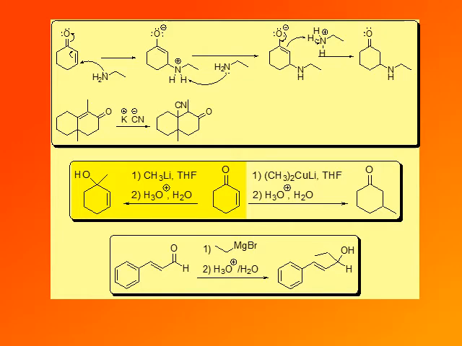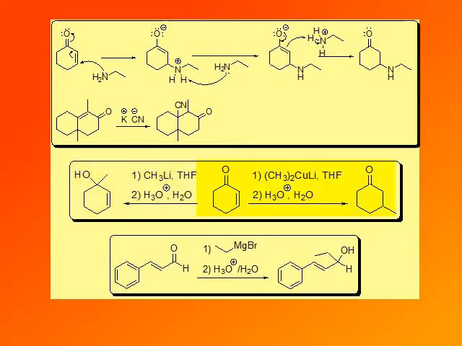Note that in case of methyl lithium, charge is concentrated on carbon, unlike cyanide anion in the previous example, where negative charge was shared by carbon and nitrogen atoms. Here, charge is concentrated on carbon atom. So this would be what we call a hard nucleophile. Small nucleophile where negative charge is concentrated on one atom. And so hard nucleophile undergoes 1,2 addition. So upon protonation, we have 1,2 addition.